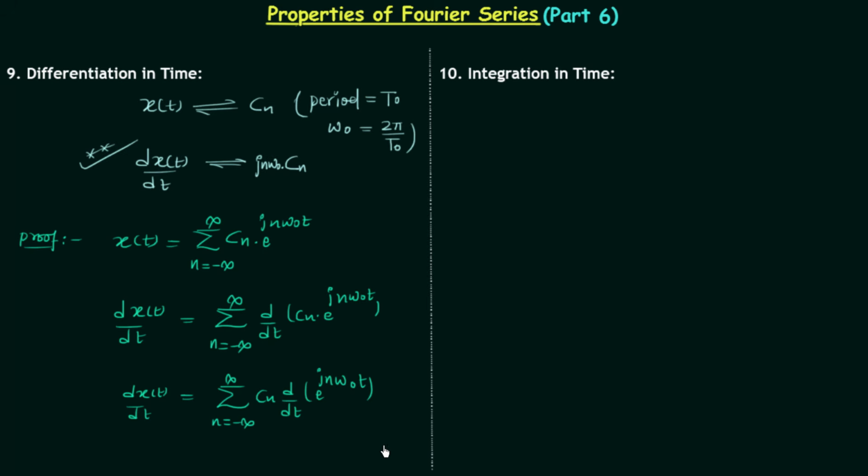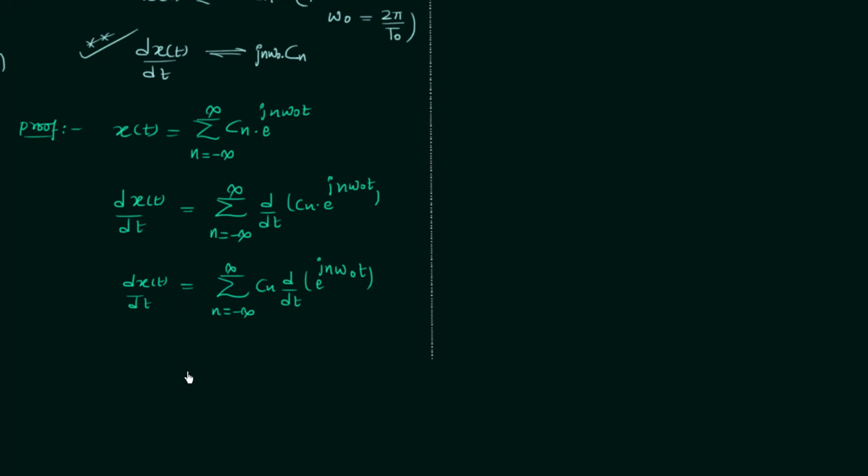Differentiation of e power jn omega naught t will be equal to jn omega naught multiplied by e power jn omega naught t. You should know how to perform the differentiation, so I will not explain how we have obtained the result. But if you have any doubt regarding the differentiation, you can definitely ask in the comment section. We have Cn multiplied by jn omega naught multiplied by e power jn omega naught t.